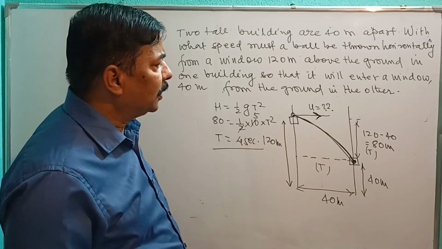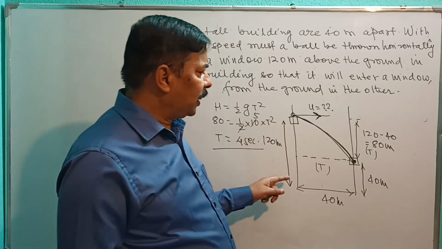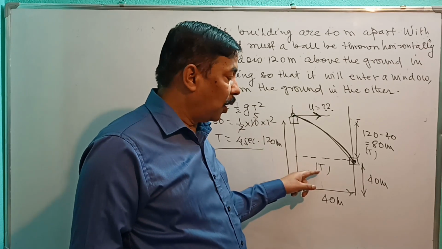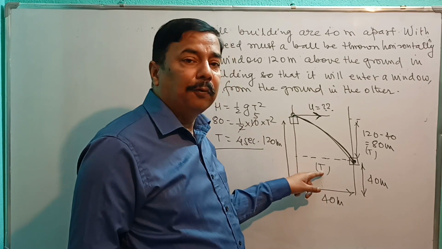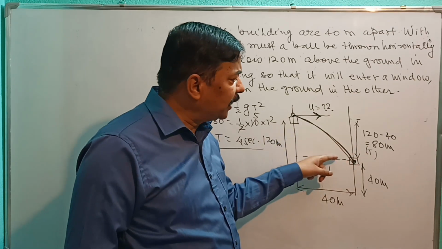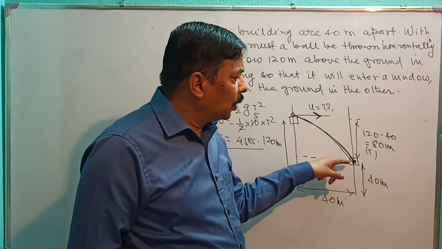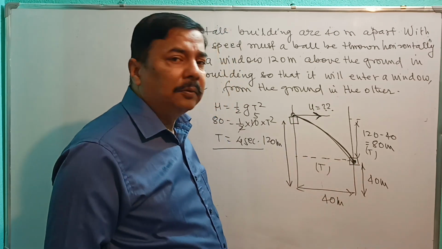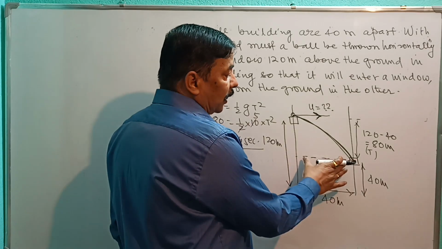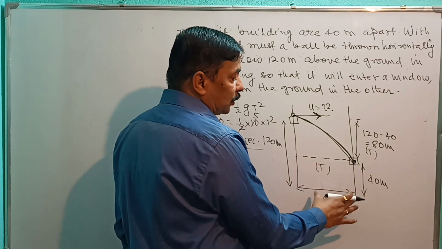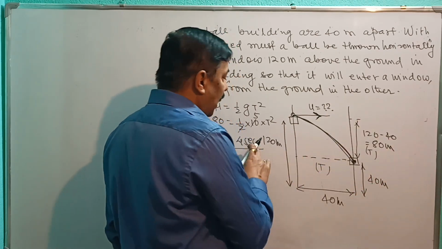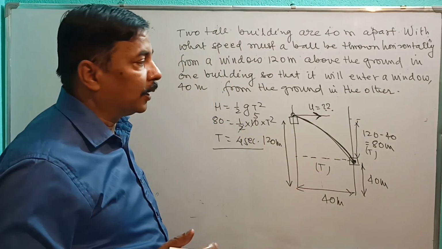That means the ball will cover a horizontal distance of 40 meter in 4 seconds, and vertical distance of 80 meter in 4 seconds. Then it is able to cross the window. It can pass through the window if it is able to cover horizontal distance of 40 meter and vertical distance of 80 meter in time of 4 seconds.